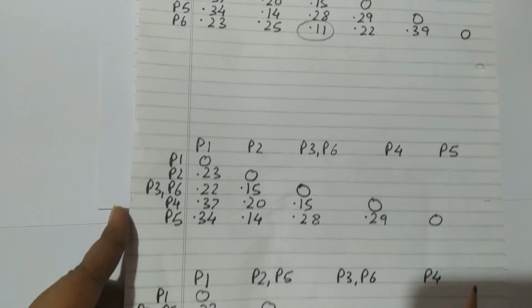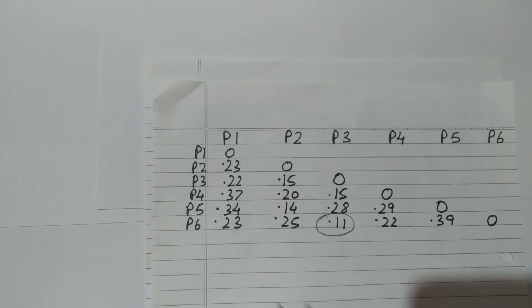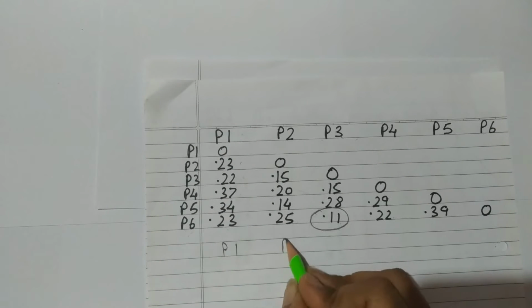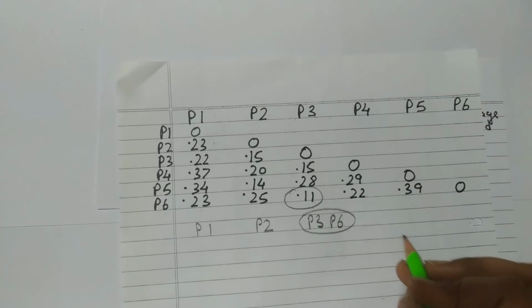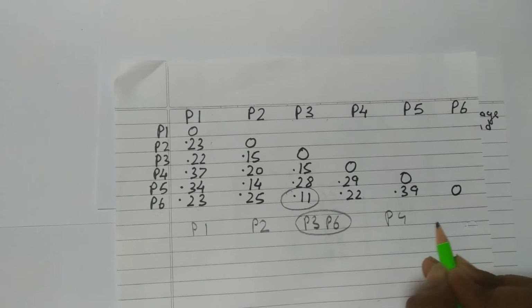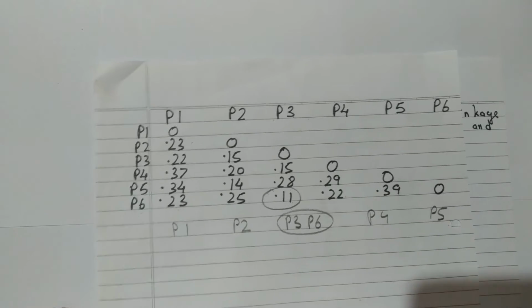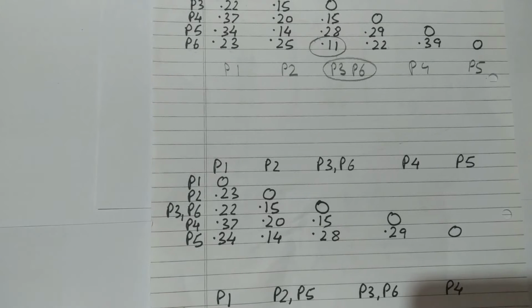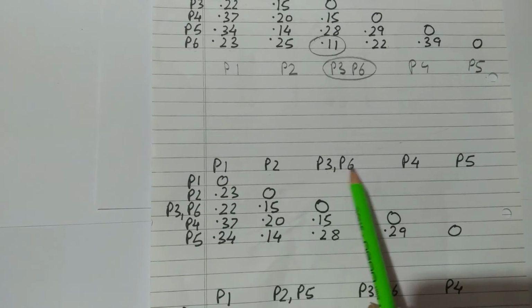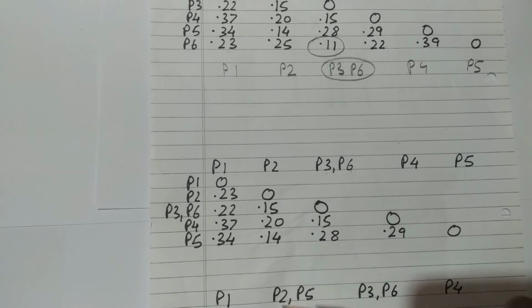So after forming the cluster, my points would be P1, P2, P3 and P6 combined, and then I will have P4 and then P5. Right. So now let's try to understand this matrix. I have merged points P3 and P6 together, and all the rest of the points are represented as they were earlier.